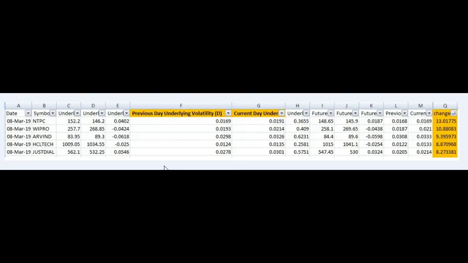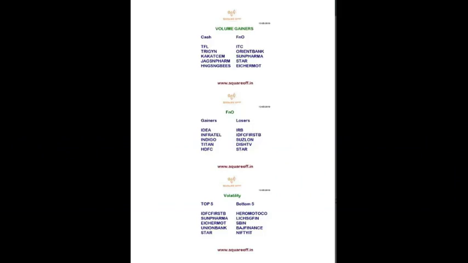Based on this addition or decrease of option volumes, there will be a change in volatility. So when a stock tanks, if it drops significantly in a day, obviously its volatility could also increase. So a stock that comes in the price losers list and also in this volatility gainers list, you can shortlist and trade on it next day, because there is a higher probability that the next day there could be a significant movement in any direction in that stock.